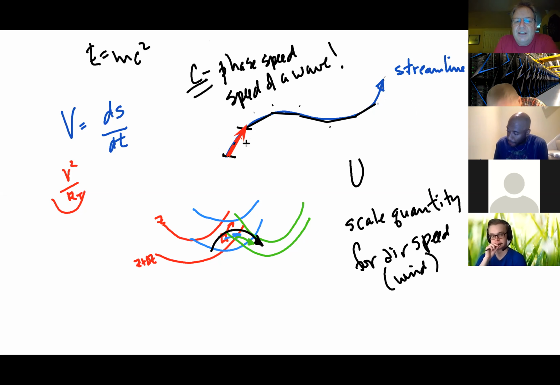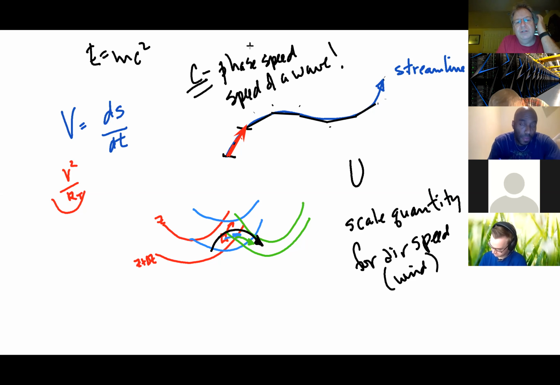That distance that I travel is ds. Now, obviously, we could think of this as an infinitely short distance along the streamline over an infinitely short amount of time, but that's what velocity is. So does that make sense, that the velocity is now ds/dt?